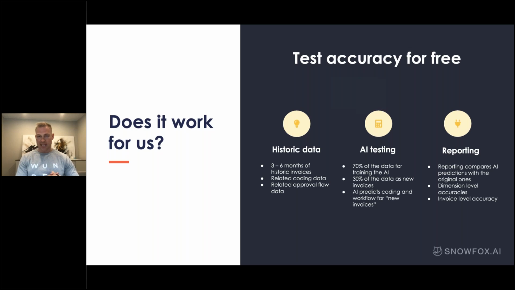Then with the historic data, we will use 70% of the invoice data and the coding and approval flow data to build a real AI model for you. And then the 30%, the rest of the data, we will take the coding information and the approval flow information away and feed the AI with the invoices only, as if they were new invoices, and ask the AI to please predict coding and the workflow for these invoices.